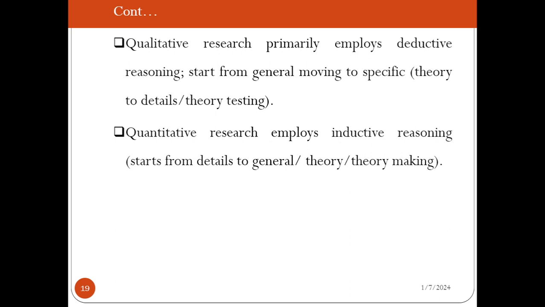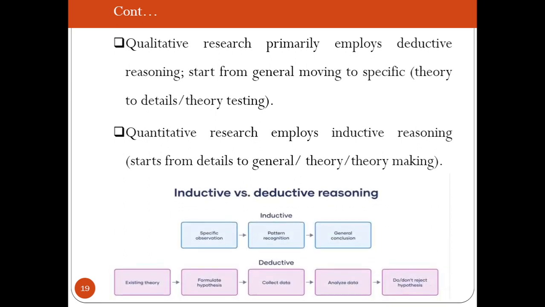Quantitative research is quite the opposite, using inductive reasoning, which means that you start from data, from trivial or minor things, and then at the end of your investigation you generalize or provide a conclusion. So in qualitative research you start from the general and move to details. However, in quantitative research you start from details and then move to generalization. That is the difference between the two.